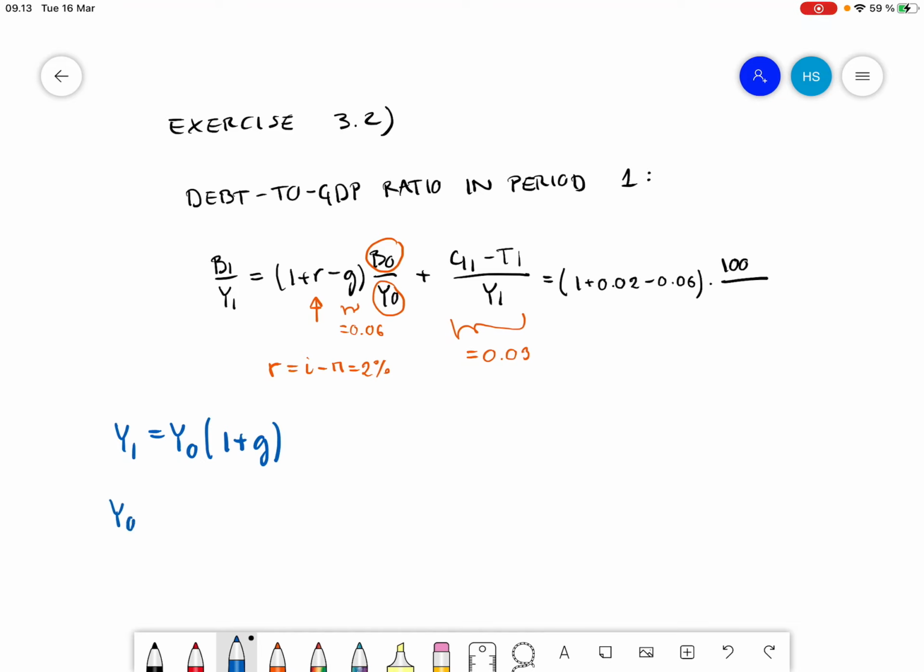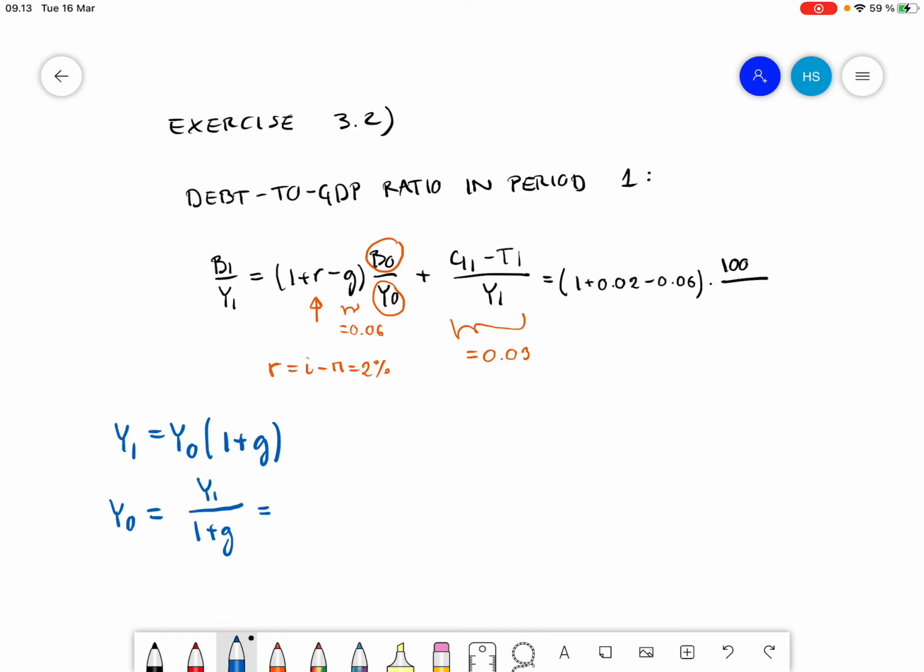In other words, real GDP in period 0 must be equal to output in period 1 over 1 plus the growth rate.